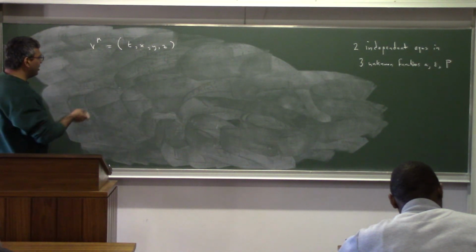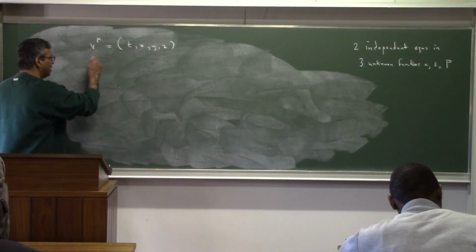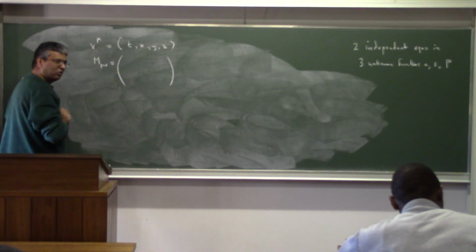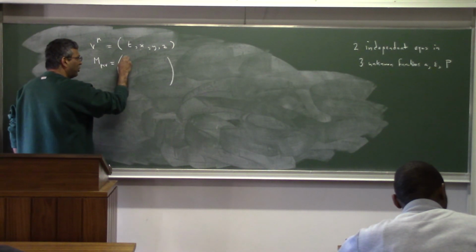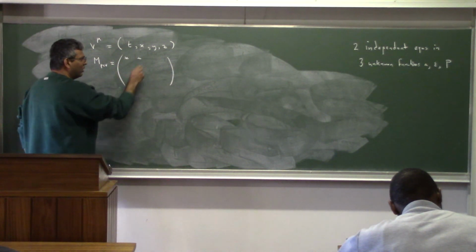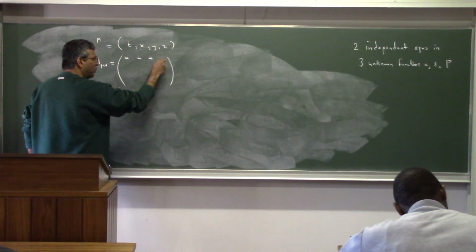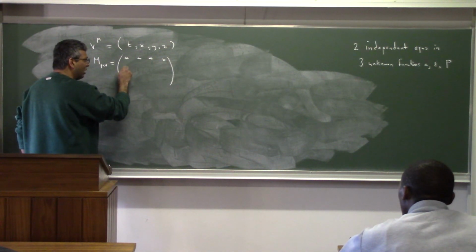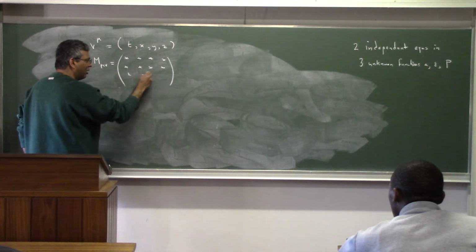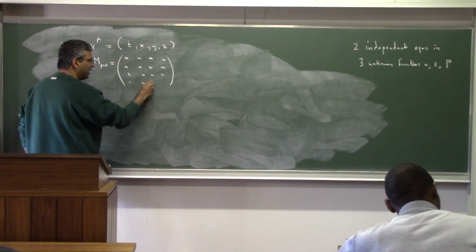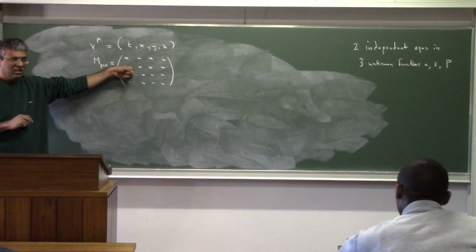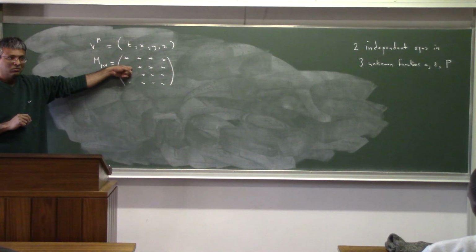I can imagine some object, call it M mu nu, which is a matrix. So again, the 0,0 component is here, the 0,1 component is there, the 0,2 component is there, the 0,3 component is there, etc. The 1,0, 1,1, 1,2, 1,3, and so on. So by specifying mu and nu, I'm specifying an element in this matrix.